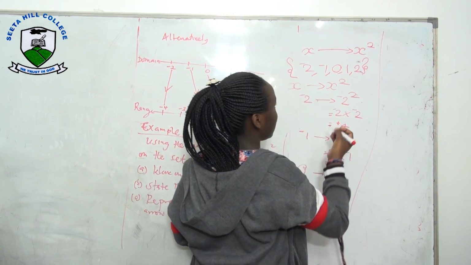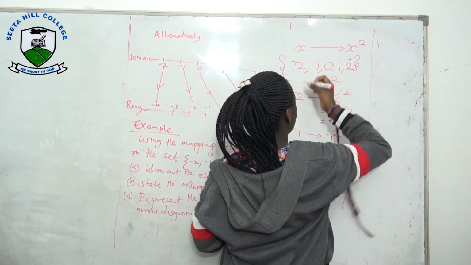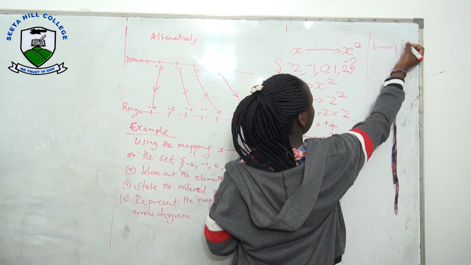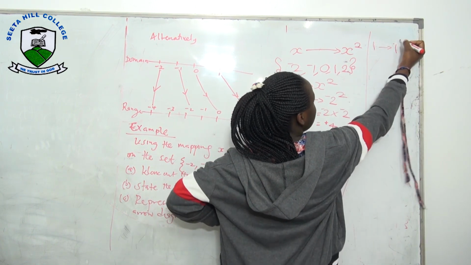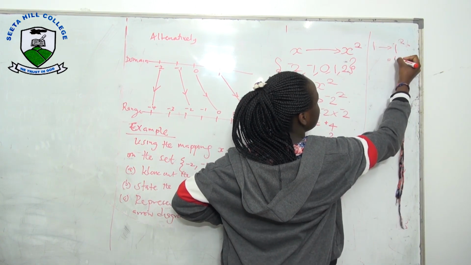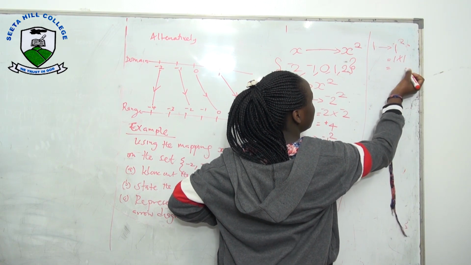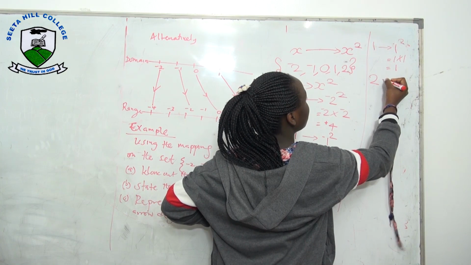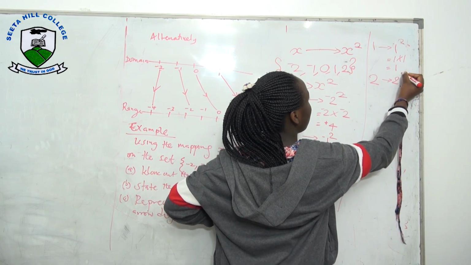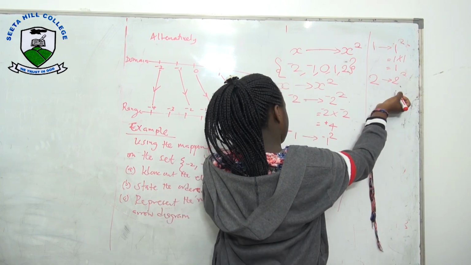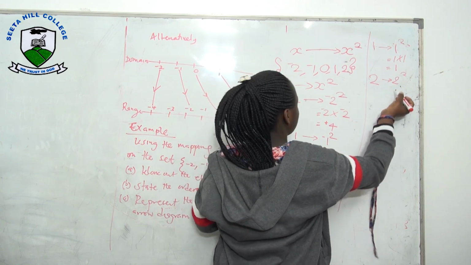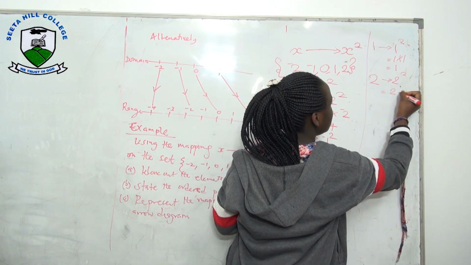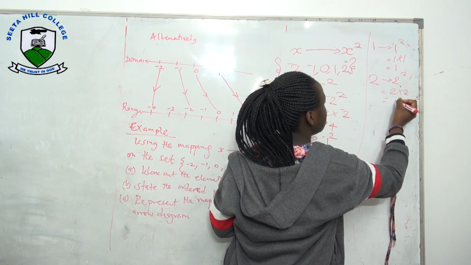Then the next is 1. x represents 1, so x squared, 1 squared, which equals 1 times 1, which equals 1. Then the next is 2. x represents 2, so x squared is 2 squared, so 2 times 2, which equals 4.